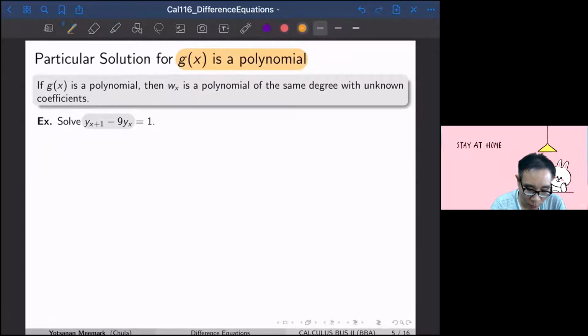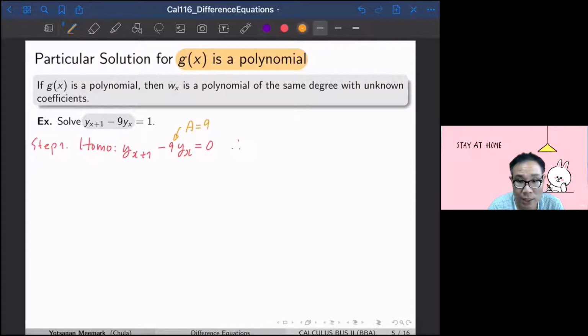the first step, okay, step 1, you are solving the homogeneous equation. So it's going to be y(x+1) minus 9y(x) equal to 0. For this one, you see that you have a equal to 9.